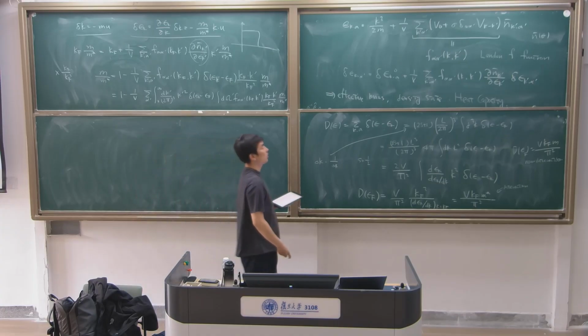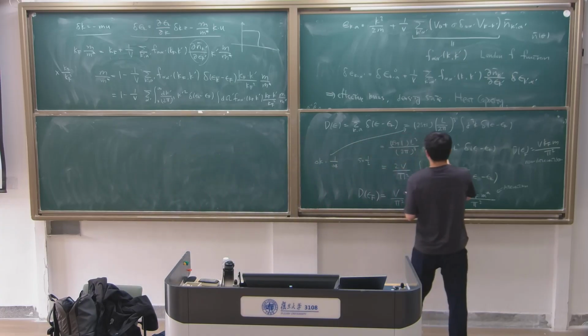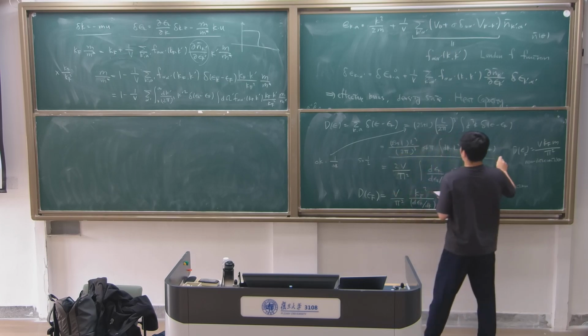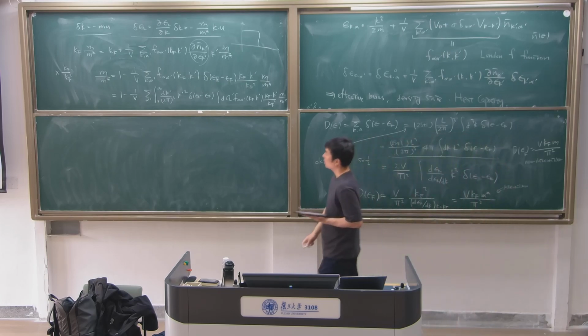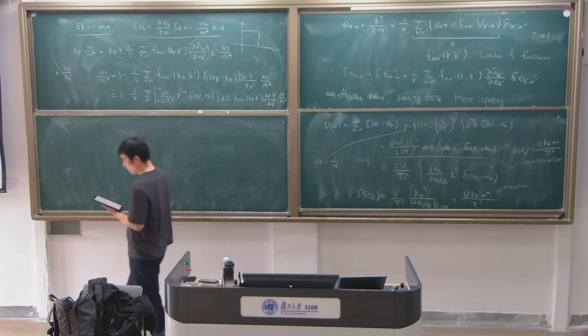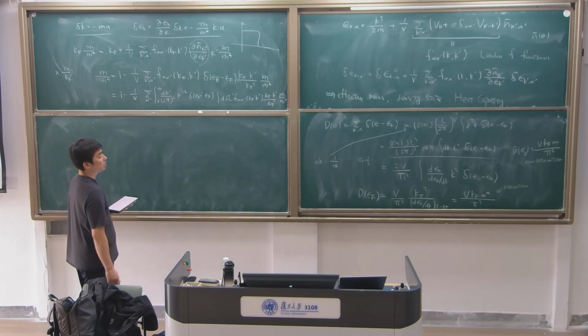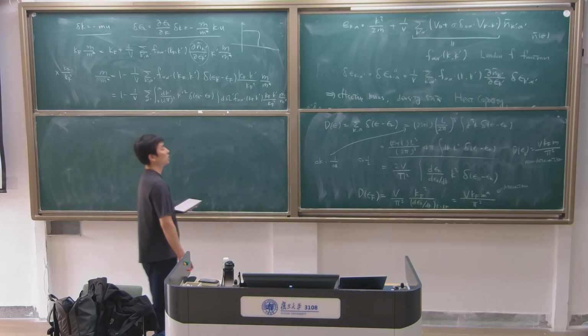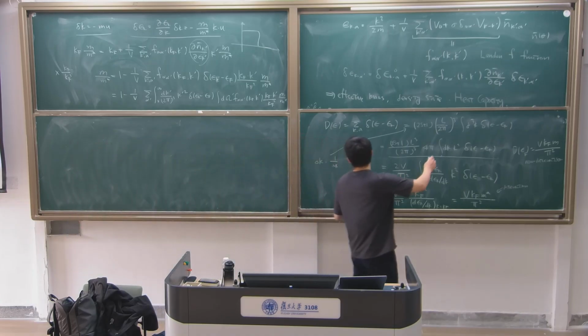The first integration is roughly approximated by this much, so you get the density of states from this factor L to the cube.